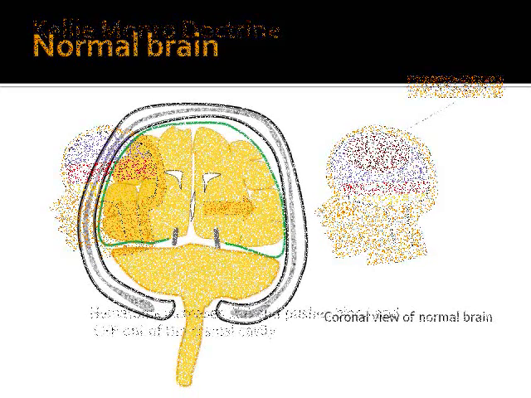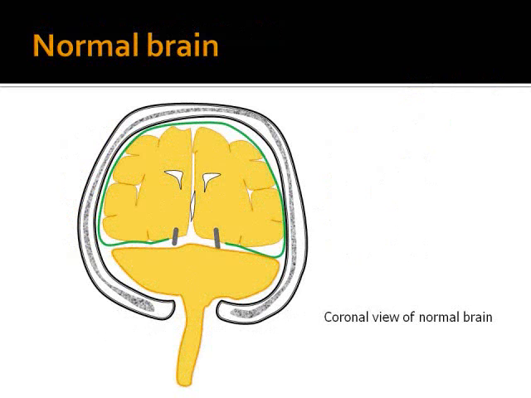This is a diagram of how the normal brain is inside the skull. It's a coronal view showing the intracranial spaces, the ventricular spaces, the cisterns, and brain tissue.